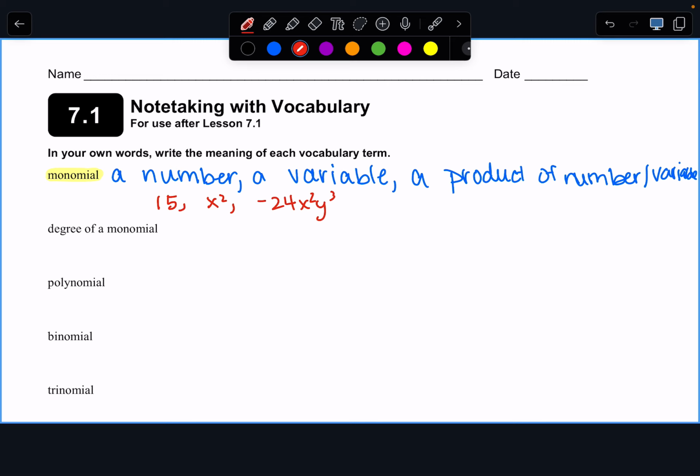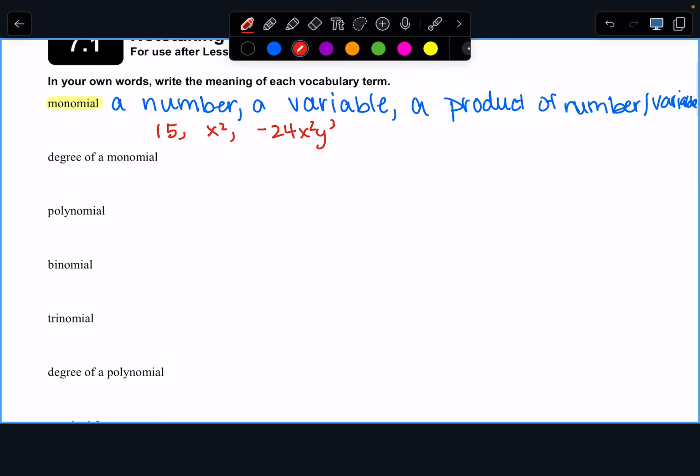Okay. Now, let's talk about the degree of a monomial. Okay, so the degree is going to refer to, if it's a monomial, the sum of the powers.